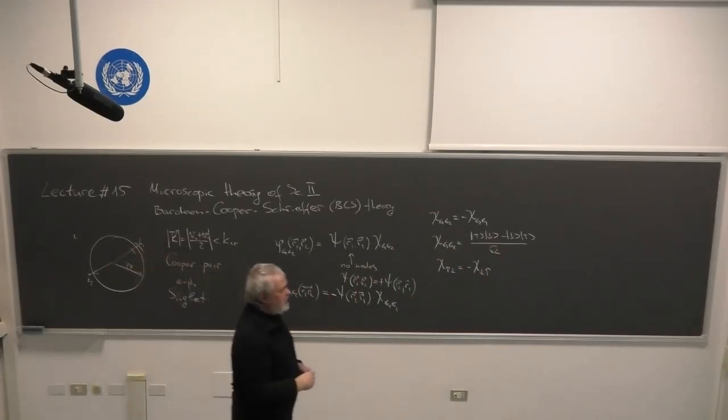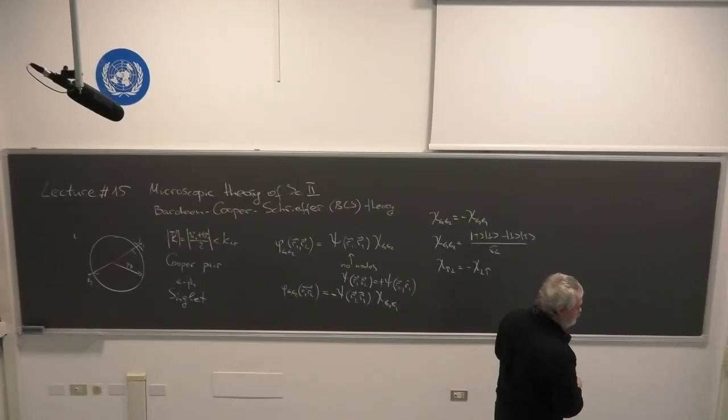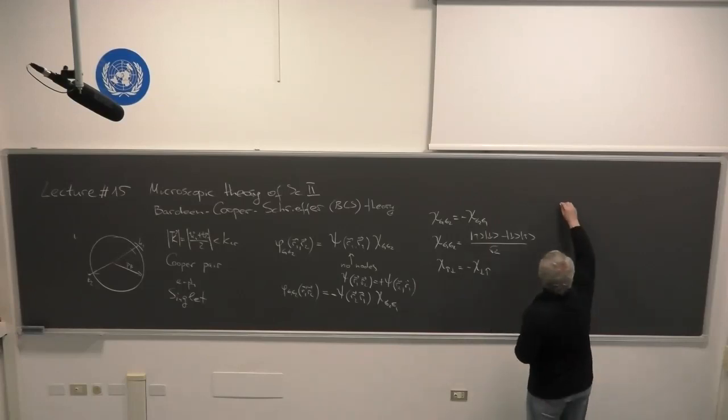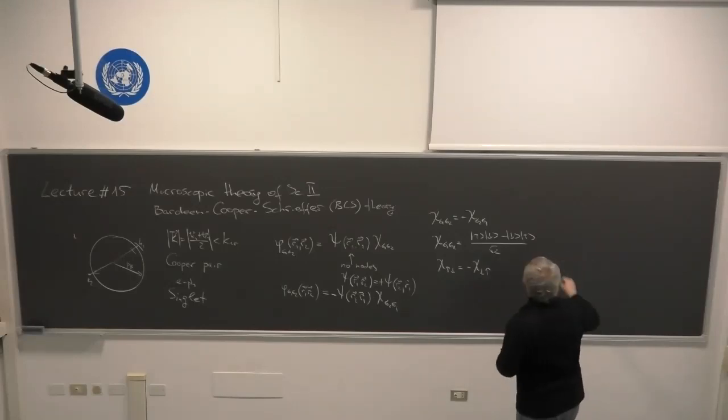And then we said that we can approximate our interaction in such a way. So let me write down now the Hamiltonian.